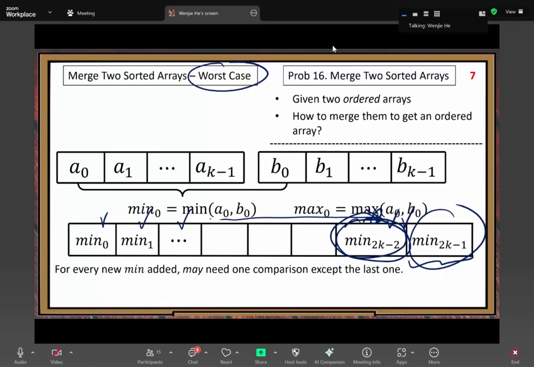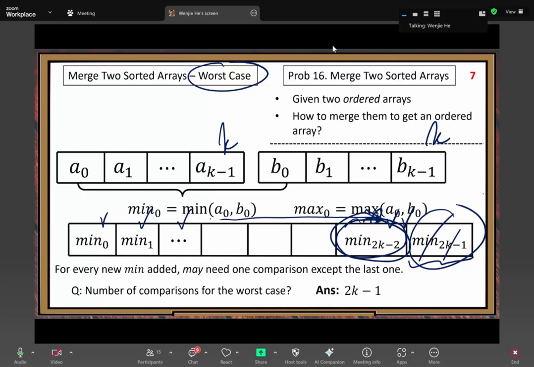To count that number, just use the number of elements. You have k elements in the first array. You have k elements in the second array. The total number of elements is 2k, but you do one fewer than the total number of elements, because for the last one you don't do comparisons.